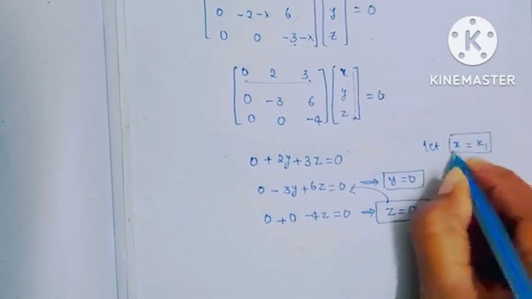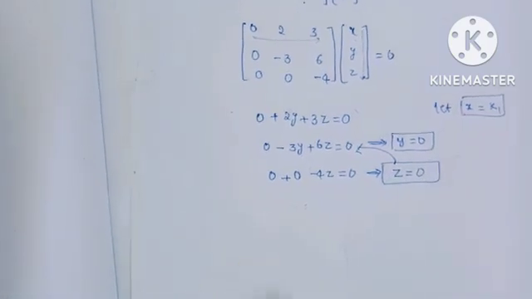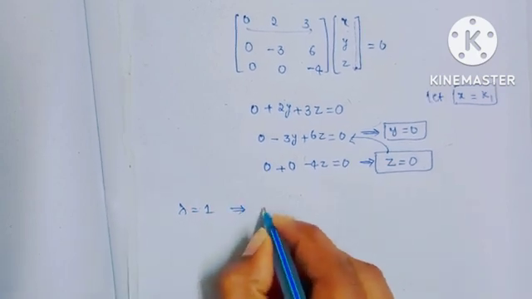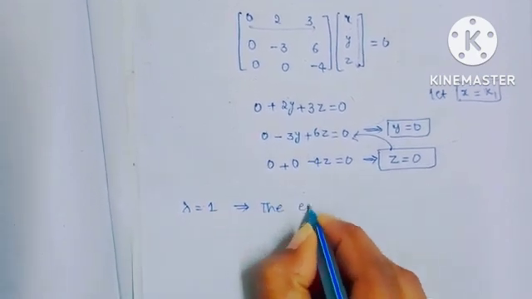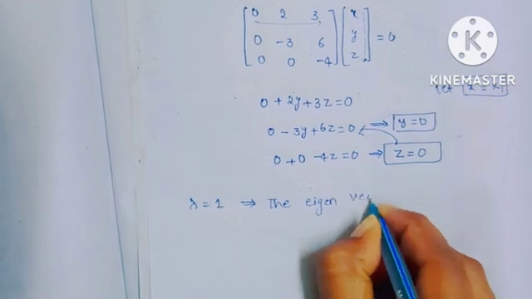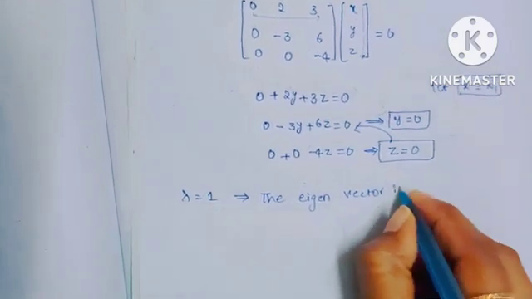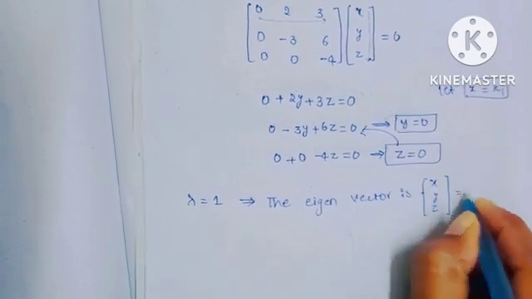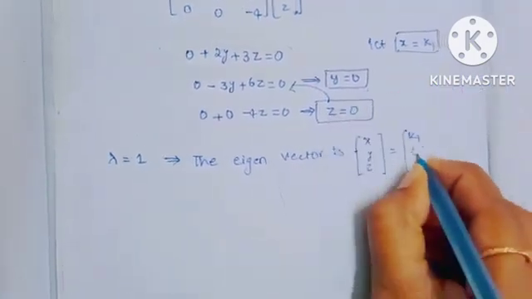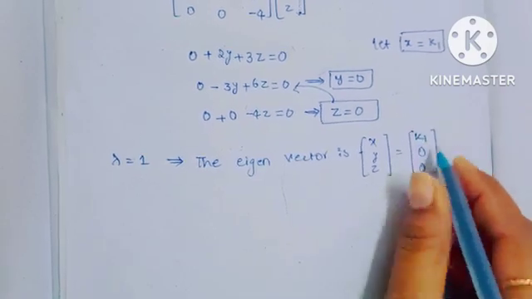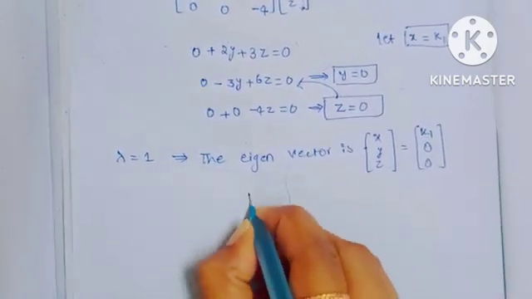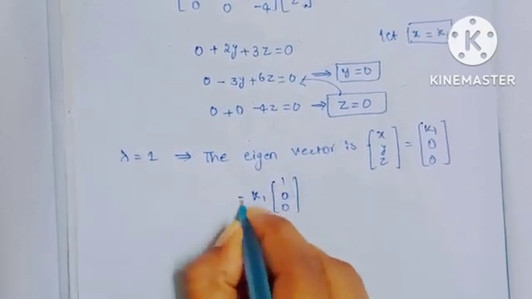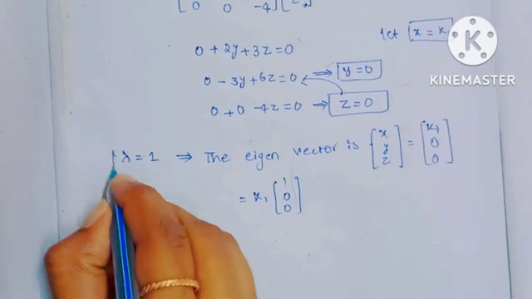Okay, so we can write the eigenvector for lambda equal to 1: x, y, z equals k1, y is 0, z is 0. By taking k1 as common, we can write 1, 0, 0. This is the eigenvector for lambda equal to 1.